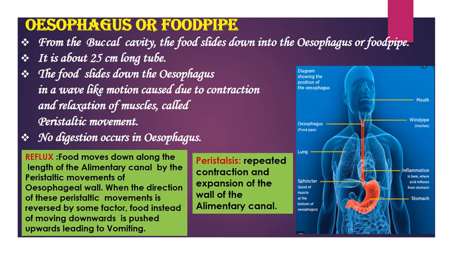Food moves down along the length of the alimentary canal by the peristaltic movements of the esophagus. When the direction of these peristaltic movements is reversed by one or some other factor, food, instead of moving downwards to the stomach, is pushed upwards, leading to vomiting.